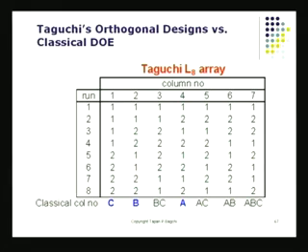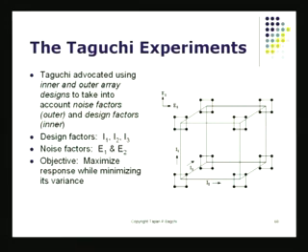In trying to manipulate all these different variables, I can't really use the full factorial plan because it's going to be too large. It's going to be an overkill. Instead, I use fractional factorial design, like the design that is shown here. This design can handle up to 7 factors, and there are other schemes that can handle several more factors. This is exactly what is used by Taguchi in trying to do this.